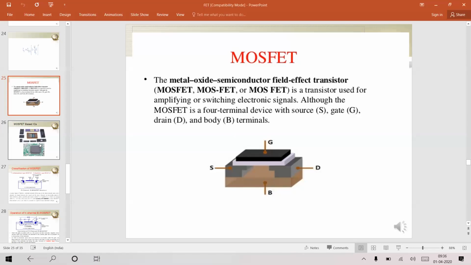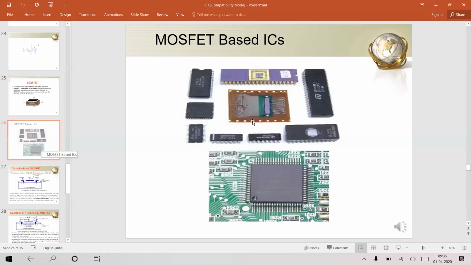Till today, many ICs that we see in most of our computer chips, or maybe in mobiles or memory devices, calculators, everywhere, you will find these MOSFET devices as a building component in most of the ICs. So that is the practicality, the application of this MOSFET.